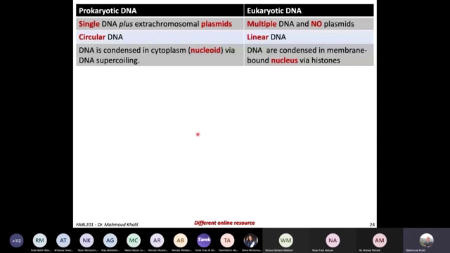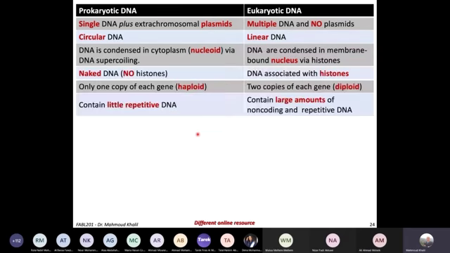It's not a nucleus, it's a region in the cytoplasm where the DNA is confined. The condensation of the prokaryotic DNA is via supercoiling, while the case is different in the eukaryotes, because the DNA is confined into the nucleus, and the condensation, as we said in the first lecture, occurs by histones. Here the DNA is naked, there are no histones, but here DNA is associated with histones.